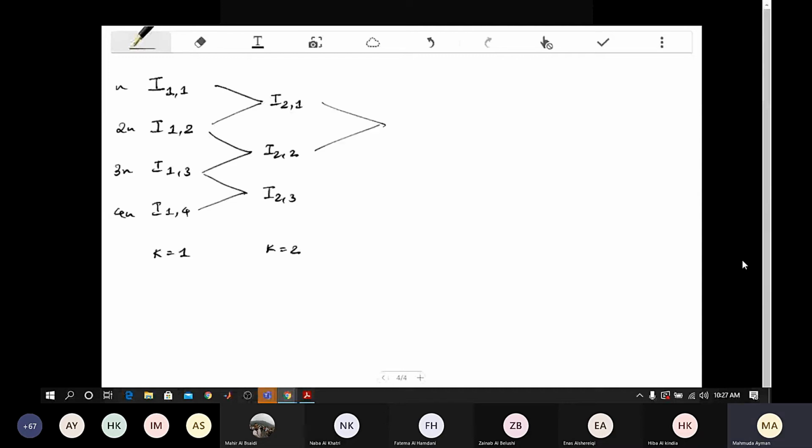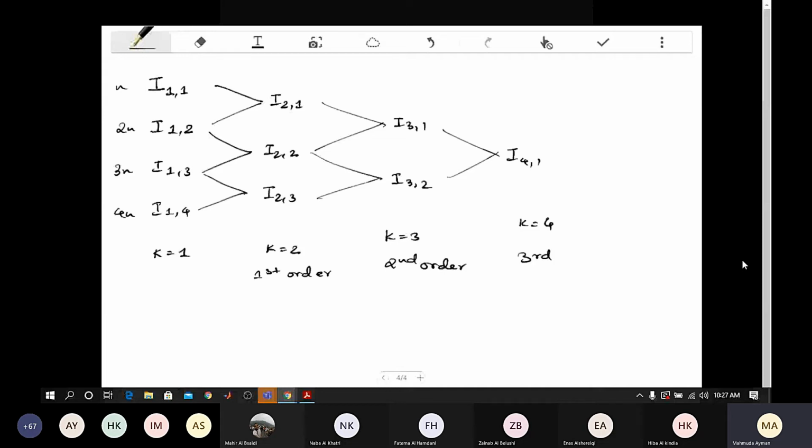Then for the next approximations, where k is equal to 3, we have I 3 comma 1 and I 3 comma 2. And for the next one we'll have I 4 comma 1, where k is equal to 4. So this is the first order approximation, the second order approximation, and this is the third order approximation.